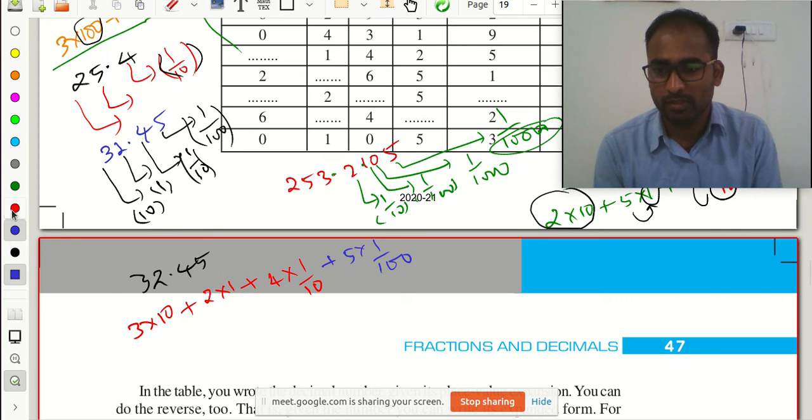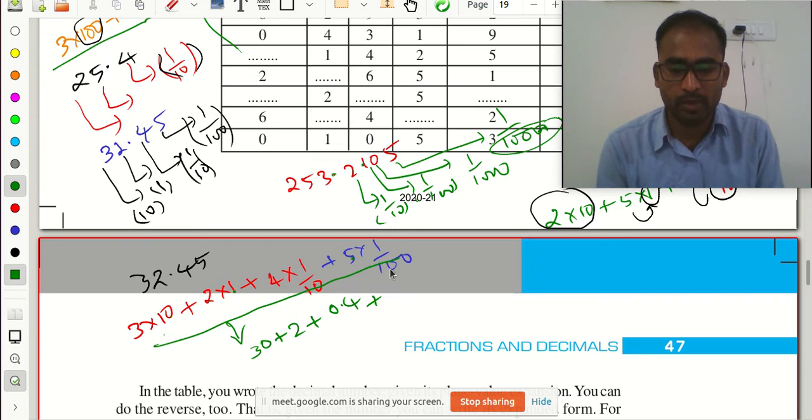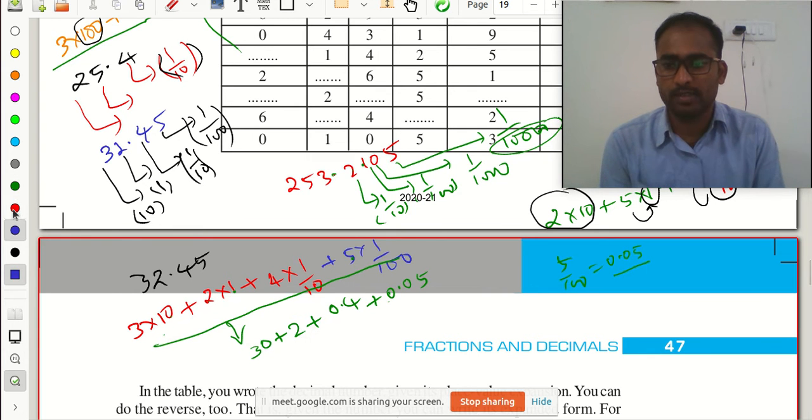So from this whole equation, what can you get? 3 multiplied with 10 means 30 plus 2 multiplied with 1 means 2 plus 4 multiplied with 1 by 10 means 0.4 plus 5 multiplied with 1 by 100 means 5 by 100. 5 by 100 I can write as 0.05.